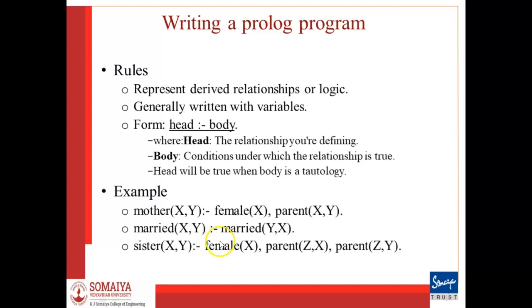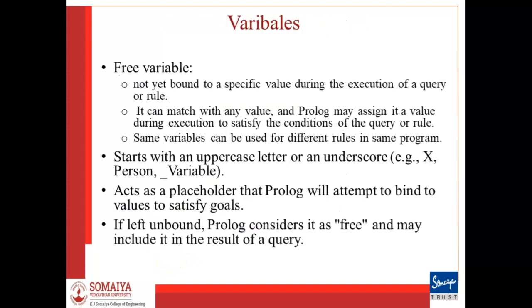So over here, these are free variables and they can take up values depending on the facts expressed, and accordingly they can go on finding values which are matching, and then they would define if the rule is true or false. The free variables start with an uppercase letter or an underscore.